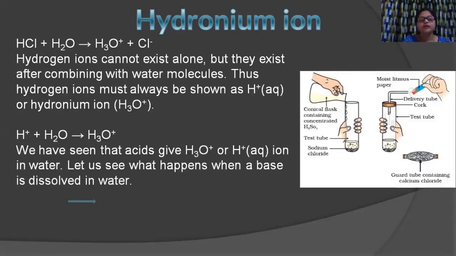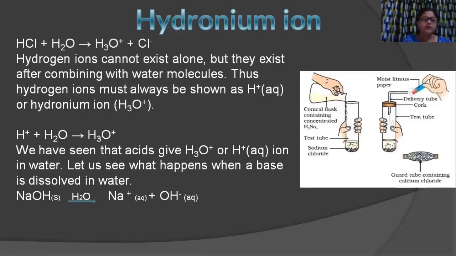Now let us see what happens when a base dissolves in water. When a base like sodium hydroxide is dissolved in water, sodium hydroxide also breaks down into Na plus and OH minus. Like in acid, hydronium ion is necessary to show the property of acid.